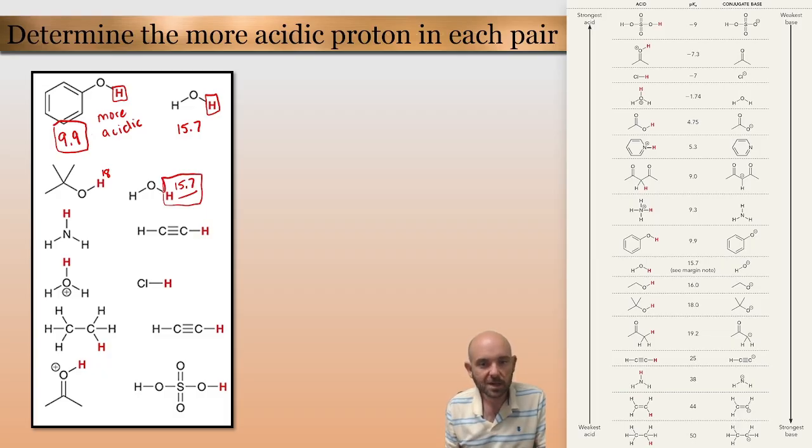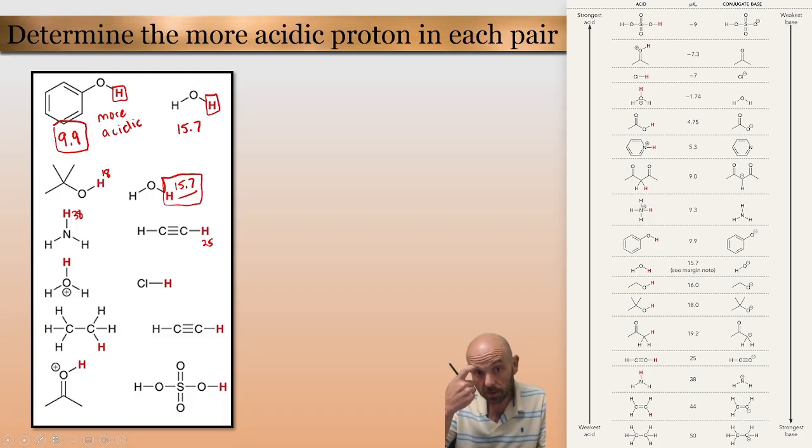Our next example compares ammonia with acetylene. If we go over here to our pKa chart, we can see the hydrogen in ammonia has a pKa of 38, and the hydrogen in acetylene has a pKa of 25.